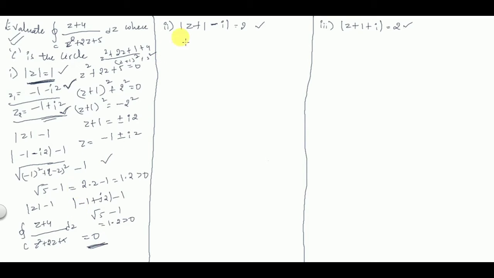Now see the second question, |z + 1 - i| = 2. For z1 = -1 - 2i, I am checking for this, so in the place of z, I am substituting -1 - 2i.